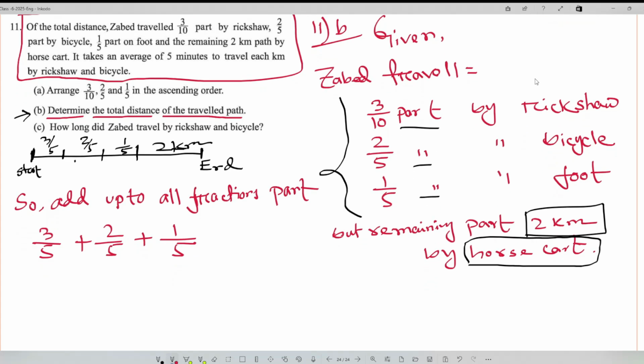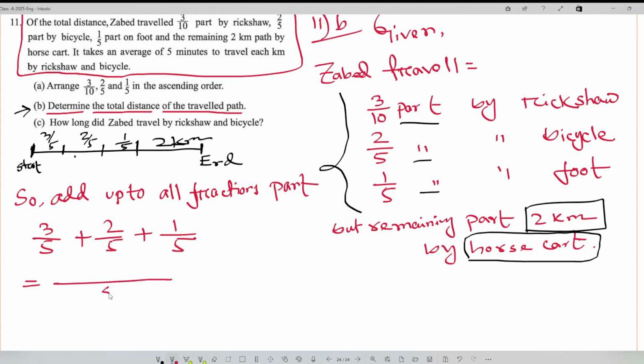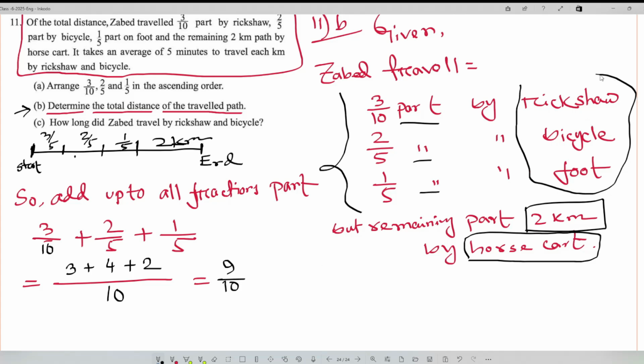The denominator is 10, not 5, sorry, silly mistake. So the LCM is 10. 10 divided by 10 is 1, times 3 is 3, plus 10 divided by 5 is 2, 2 times 2 is 4, then 10 divided by 5 is 2, 2 times 1 is 2. So 3 plus 4 plus 2 is 9, that is 9/10. 9/10 is rickshaw, bicycle and foot.